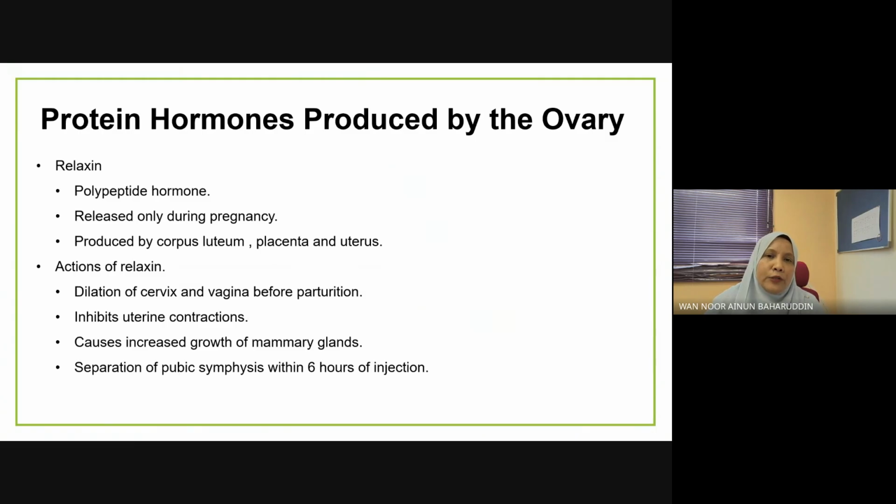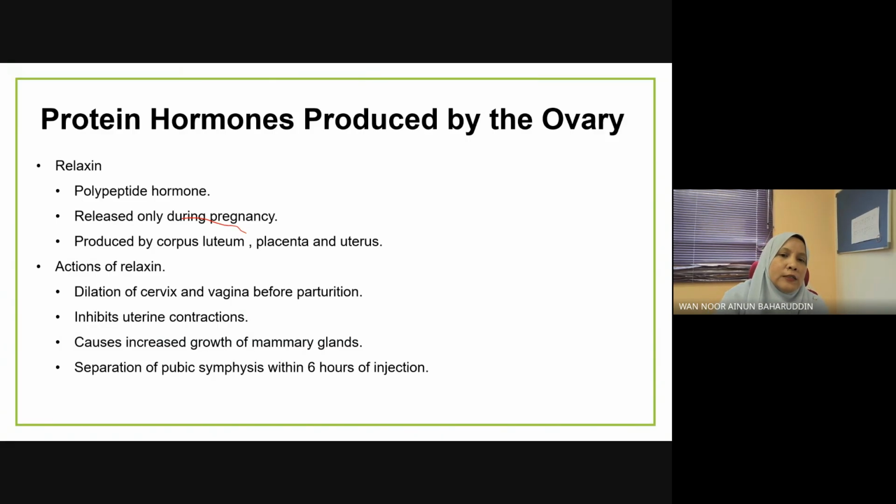Okay, the hormone produced by the ovary that we call relaxin. Relaxin is one type of polypeptide hormone that is also released during pregnancy. It is produced by the corpus luteum, placenta, as well as uterus.